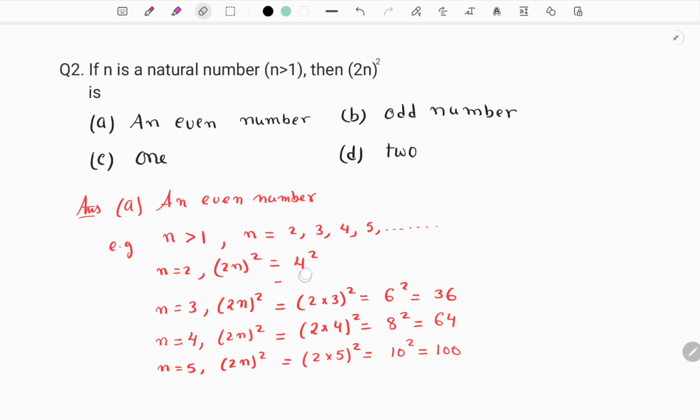So for n equal to 2 also we can write (2 into 2) whole square. 2 into 2 will get 4, so here 4 square will get 16. So this one will keep on going like this, and all these numbers are even numbers. So therefore the correct option is option A, an even number.